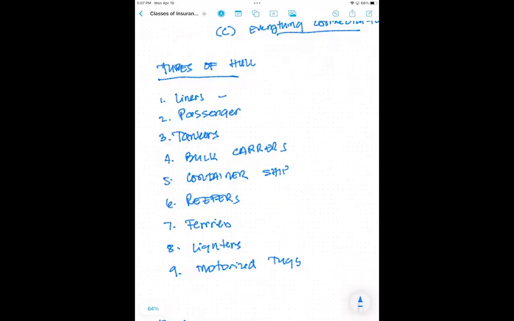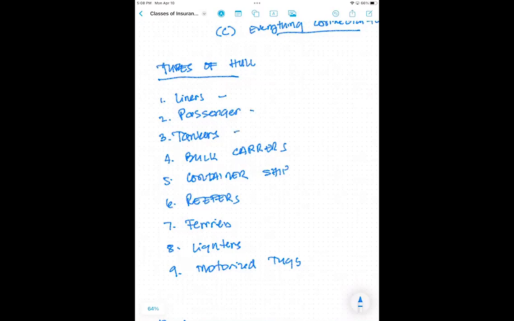These are the kind of ship that would travel with a regular time schedule. So these are our vehicles, let's say, for example, from Manila to Cebu, or Manila to any other port. Those with regular time schedule. Passenger: these are ships designed to carry passengers.